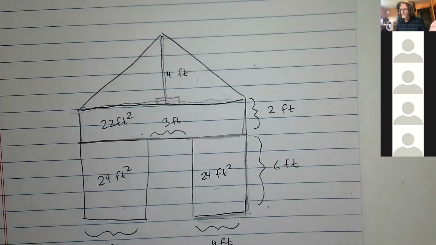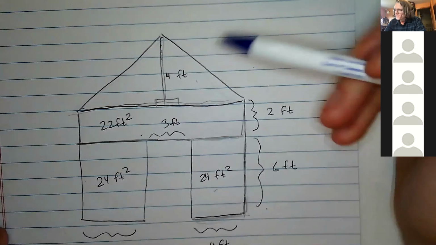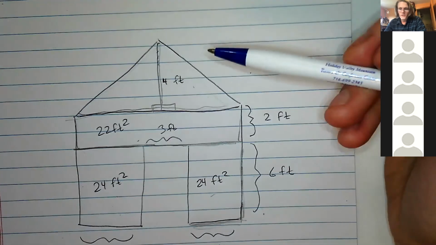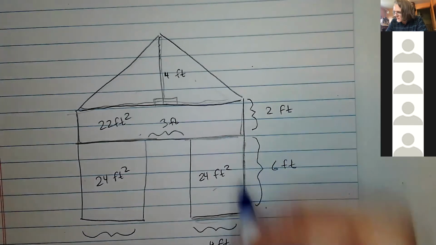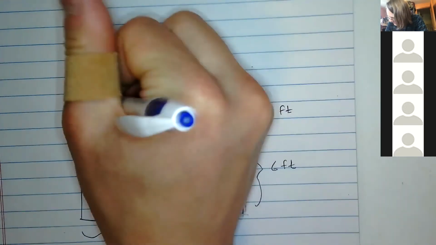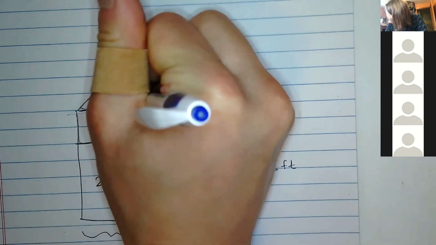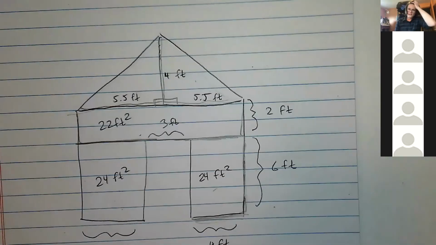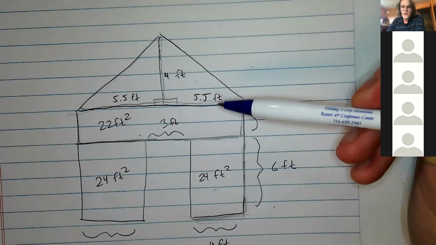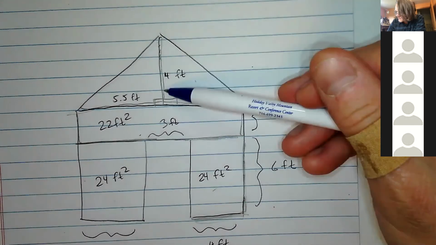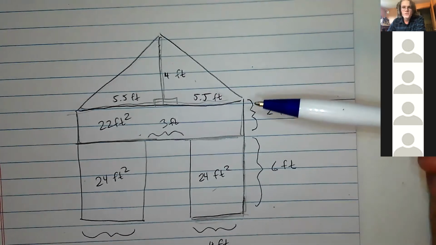All right, and then the top, so let's assume that our house is symmetric. So that means that this is half of 11. So it's 5.5 and then 5.5 feet. So you might need a calculator. But remember the area of a triangle with height 4. Oh, I guess you can do it 2 ways.